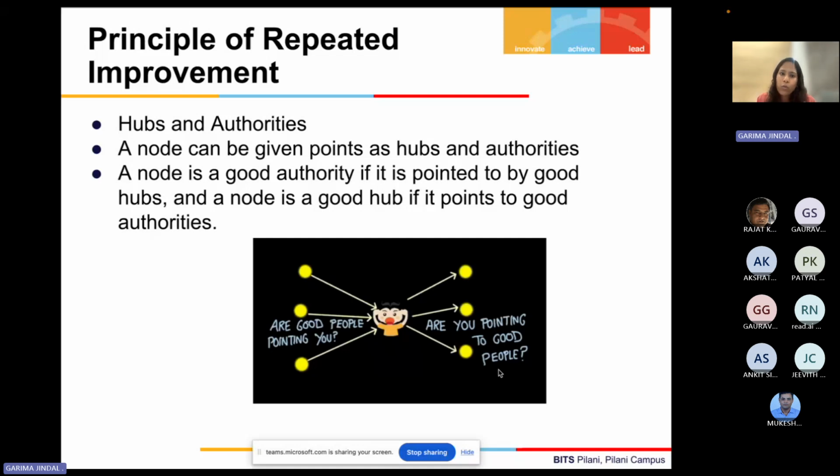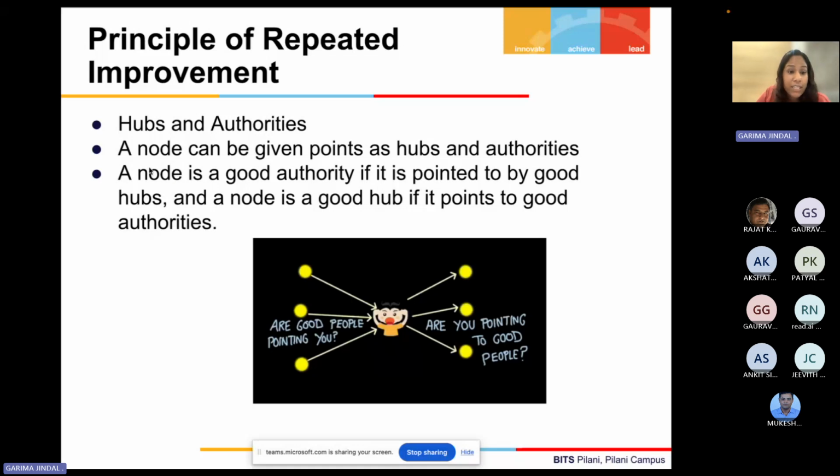So these are the two notions, and they are captured by the notion of hubs and authorities. One by one, I will be explaining what hubs are and what authorities are. When I discuss these definitions, this concept will be further clear to you.